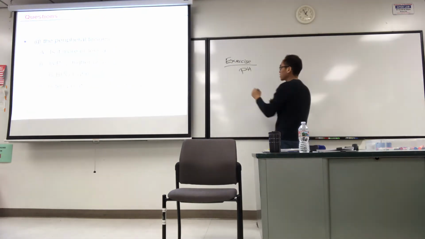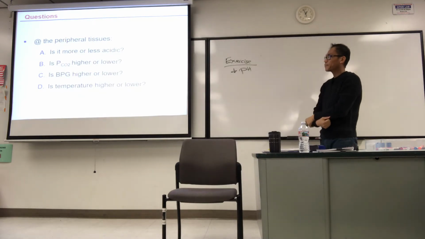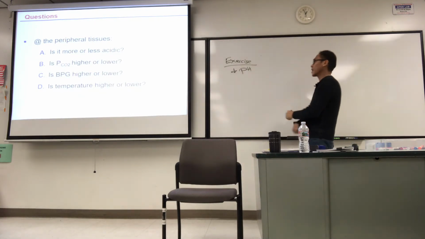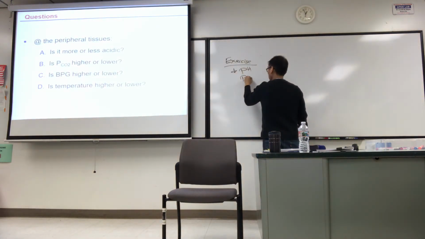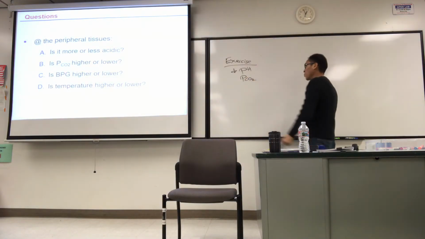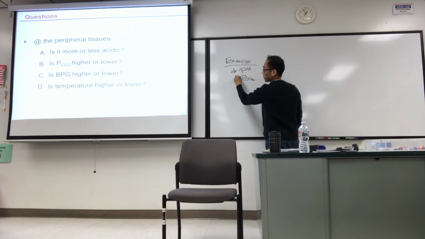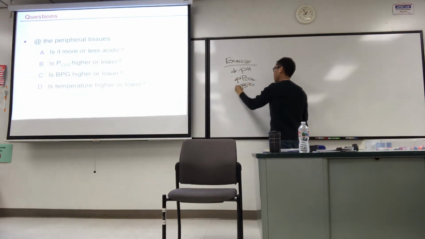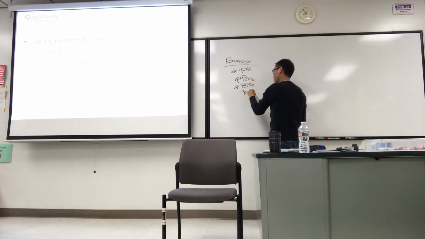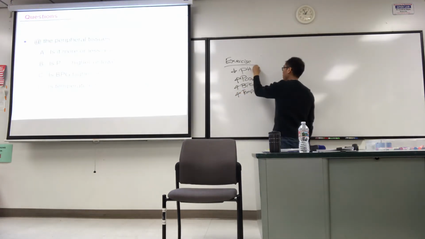Yes, more acidic, so maybe you're thinking of more acidic, but pH drops. Okay, carbon dioxide. What happens to that value when you exercise? Goes up. And what have I got next? Temperature. Up. What about body temp? Also up, and these are all the things that happen with exercise.